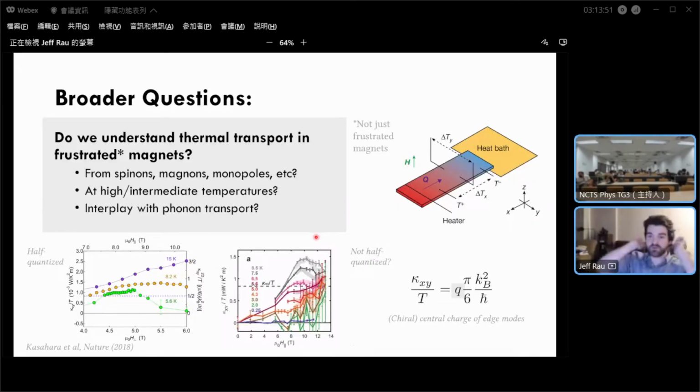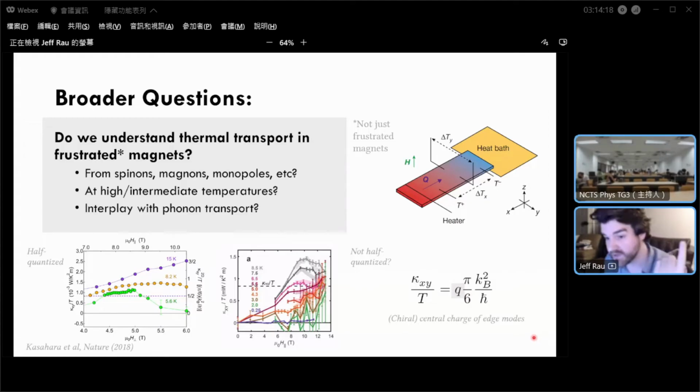Typically you would see this in something like a thermal Hall measurement, where if you have chiral edge modes, you do thermal Hall, you can't do normal Hall, everything here is neutral. There's no charge response at all. If you do thermal Hall, the thermal Hall response divided by the temperature, if you have a chiral edge mode, is proportional to a set of fundamental constants, k_B squared, pi over 6, and h-bar, and then the chiral central charge of these edge modes.